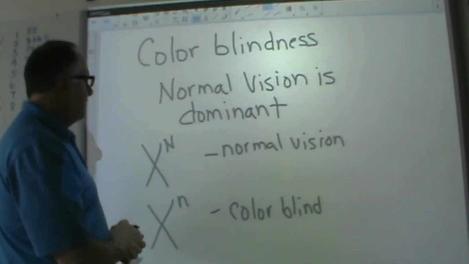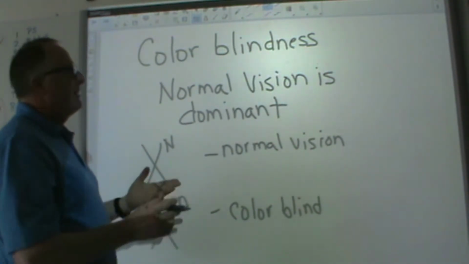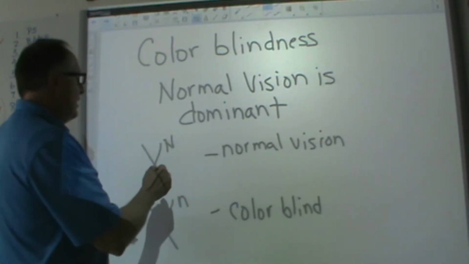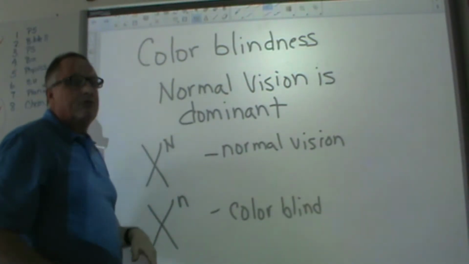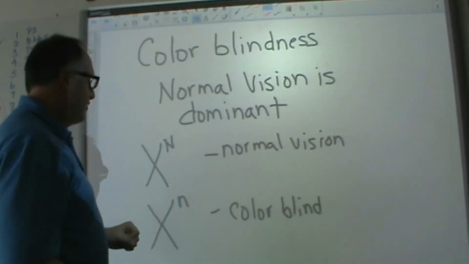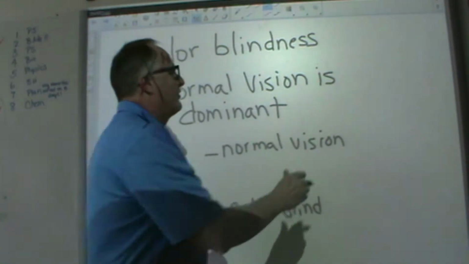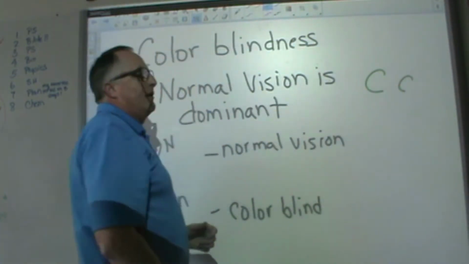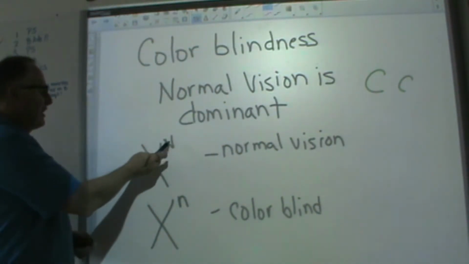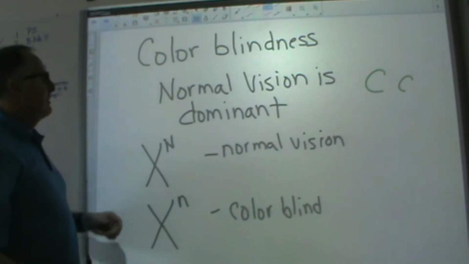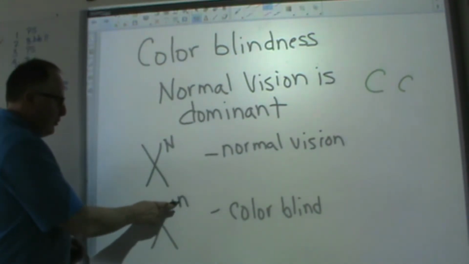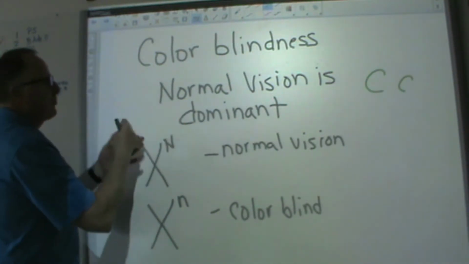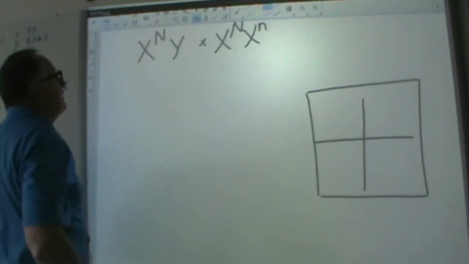And I often see, and it kind of makes sense because we're talking about color blindness, they use a C, a capital C for normal and a lowercase c for colorblind, but it's really hard to tell the difference between C and c. And they look very similar. So I'm going to use capital N as the normal vision because that is dominant, and a lowercase n will be colorblind. All right, so let's just do some crosses and you'll see how it works.